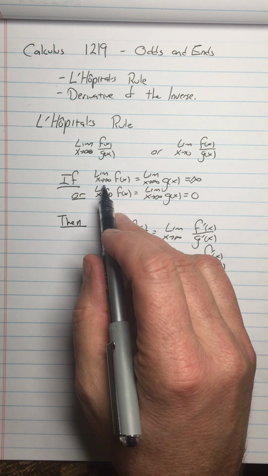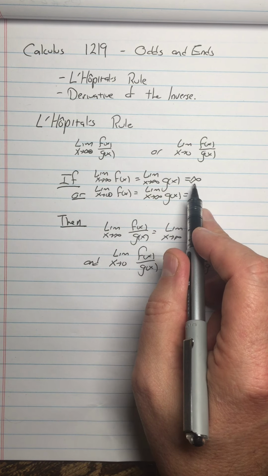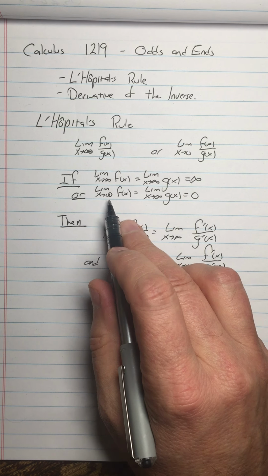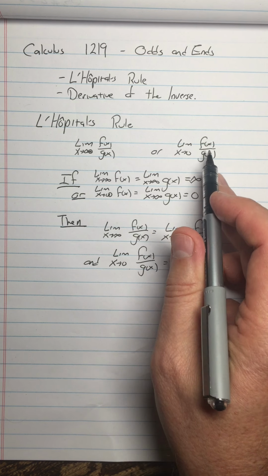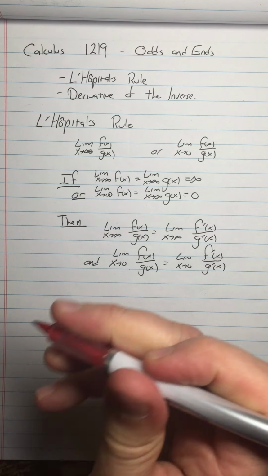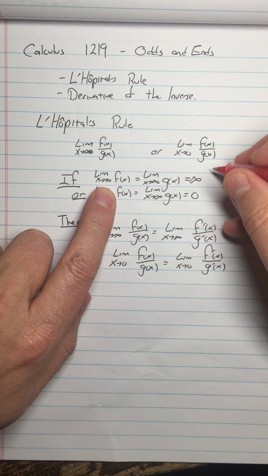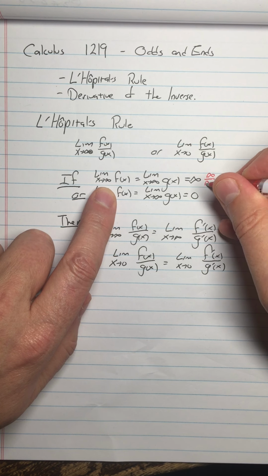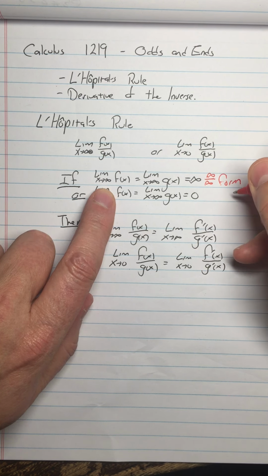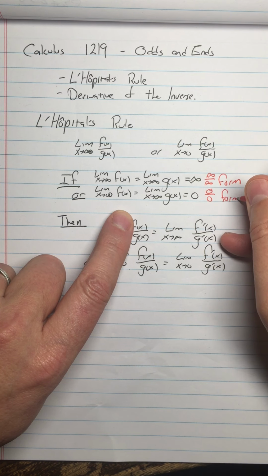So if both the limits of the top and the bottom are infinity, or both the limits top and bottom are 0, then something happens. By the way, if both the top and bottom go to infinity, we call this an infinity over infinity form. And if both the limits are 0, we call it a 0 over 0 form.